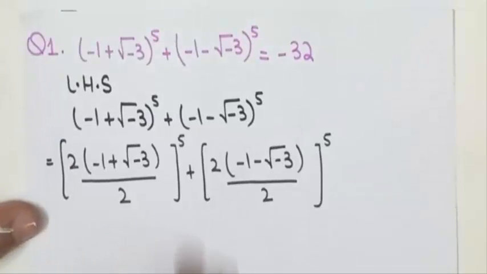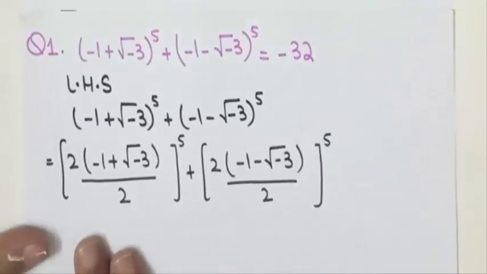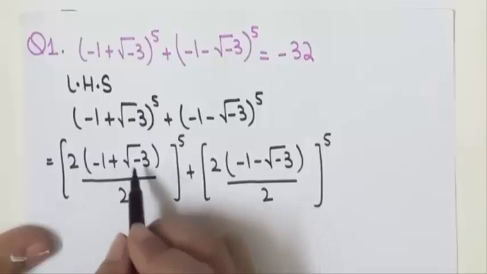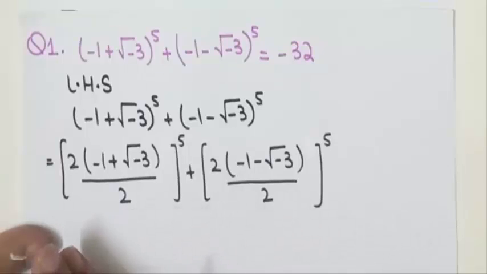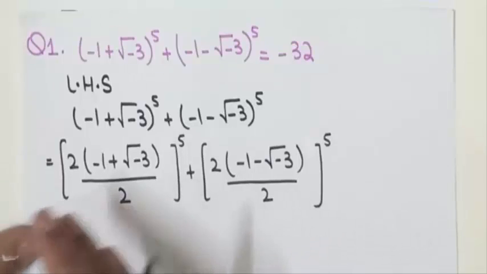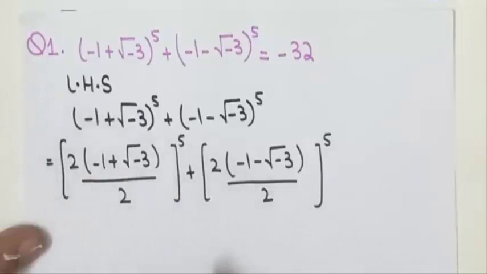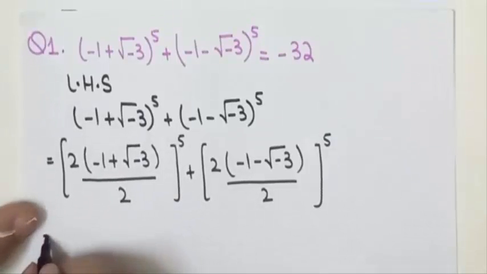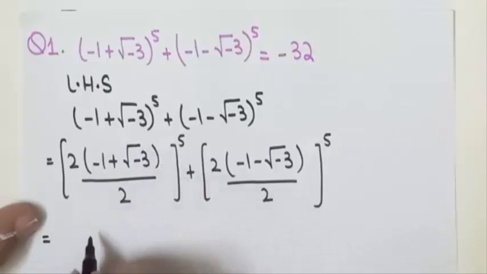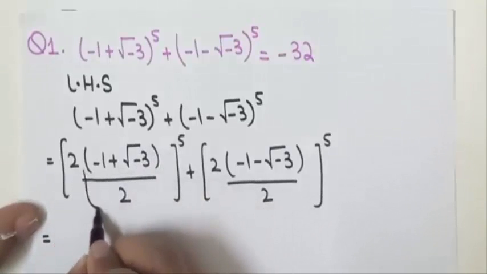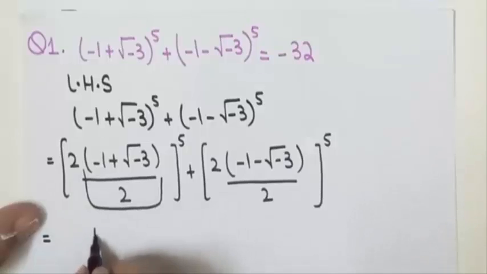And why we have done this step? Because minus 1 plus under root minus 3 over 2 is the cube root. This 2 was missing. So in order to introduce it in the division, we have to introduce it in the multiplication as well. So now this term is equal to omega. This term is equal to omega square.